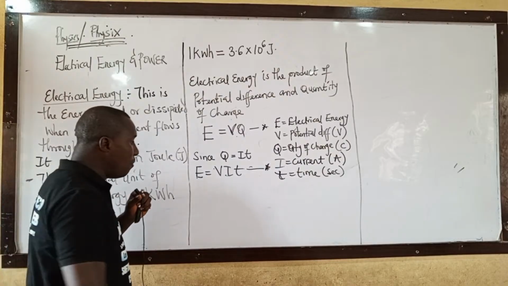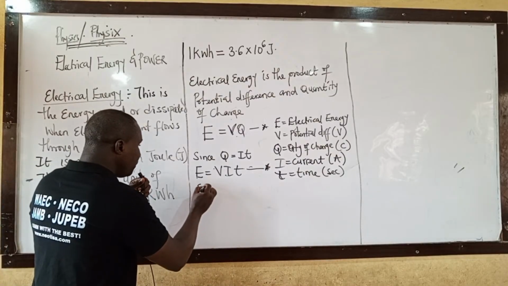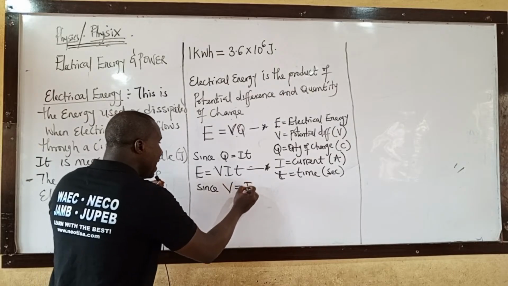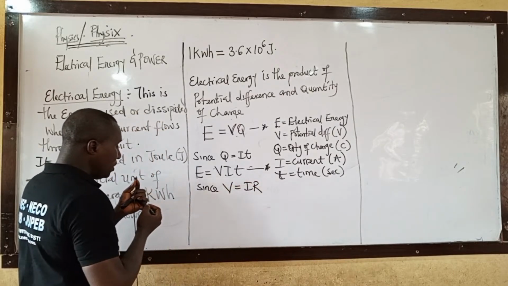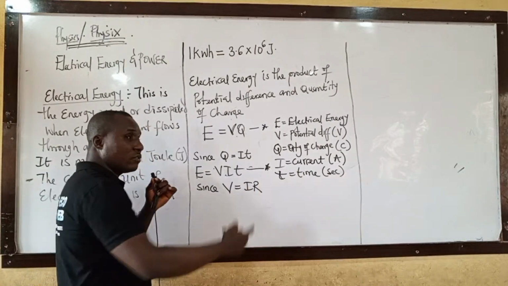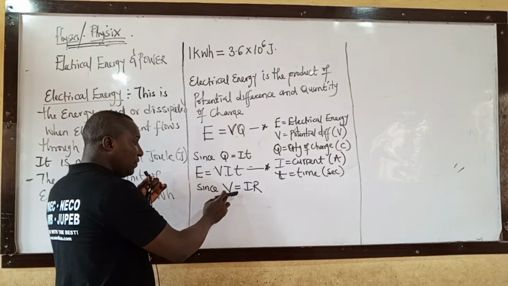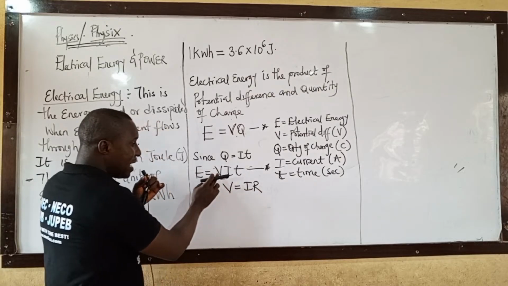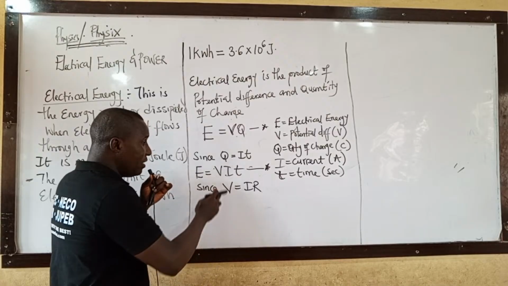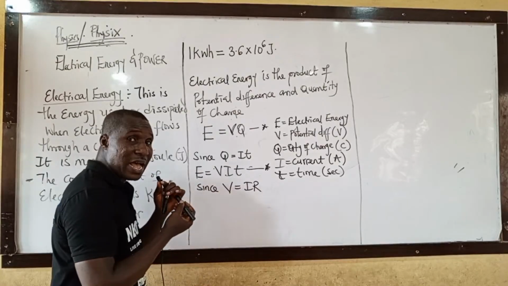Then don't forget, from Ohm's law, V equals IR, since potential difference equals current times what? Resistance. Since V equals IR, anywhere I see V, I change it to IR.